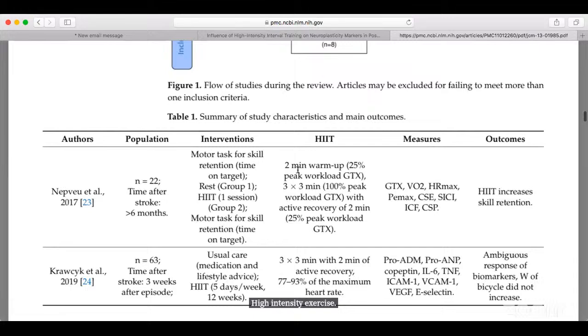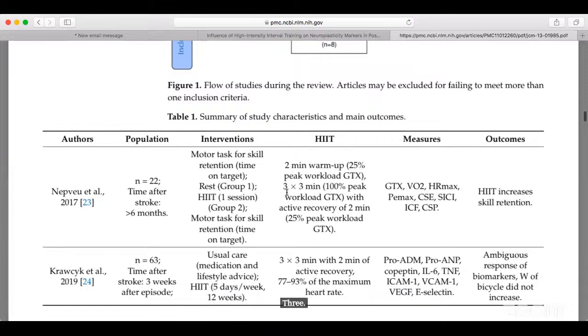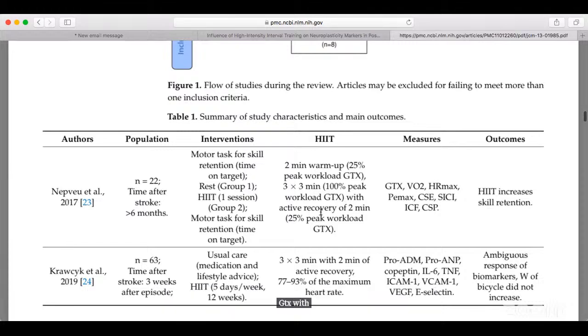This is the dosage. 2-minute warm-up, 25% peak workload GTX. 3 minutes, so there are 3 minutes that they do 3 times. And for this exercise, it's 100% peak workload GTX, with active recovery of 2 minutes, 25% peak workload GTX. This is the dosage of the HIIT that they give.